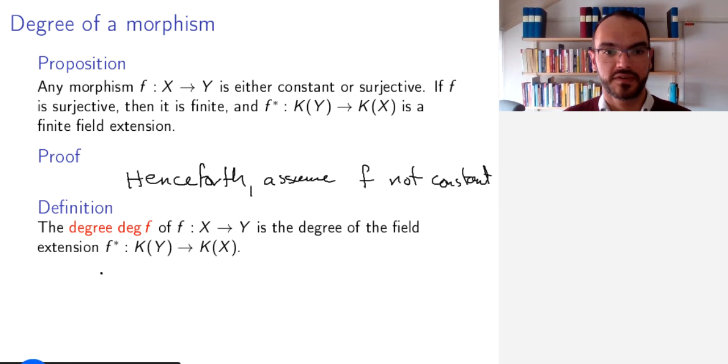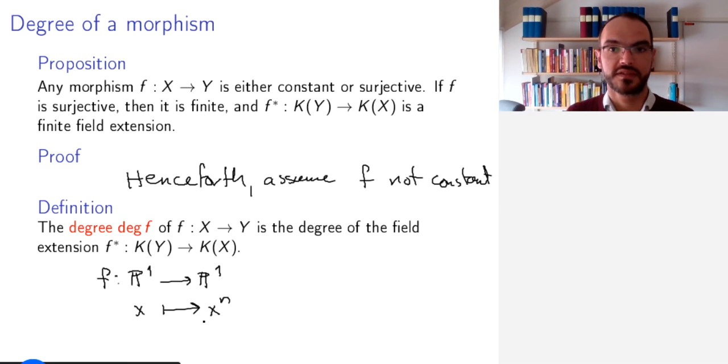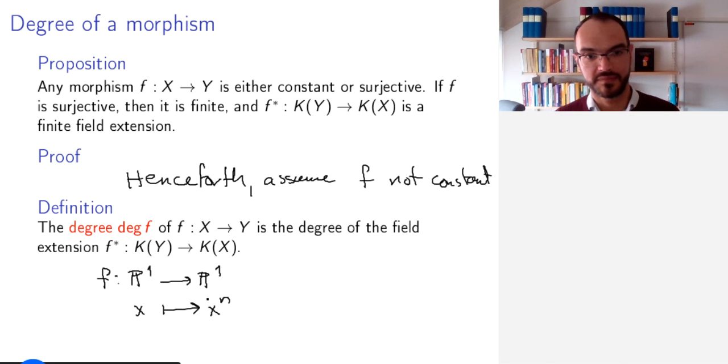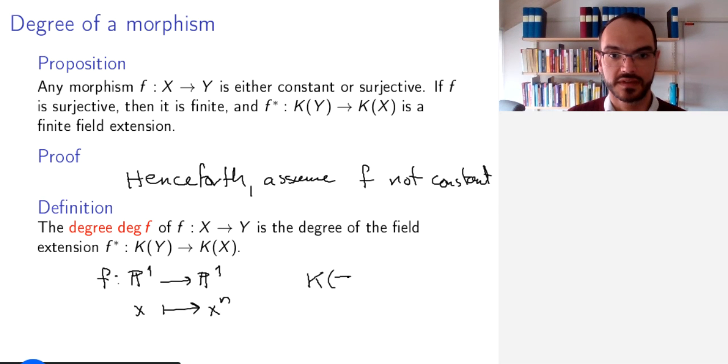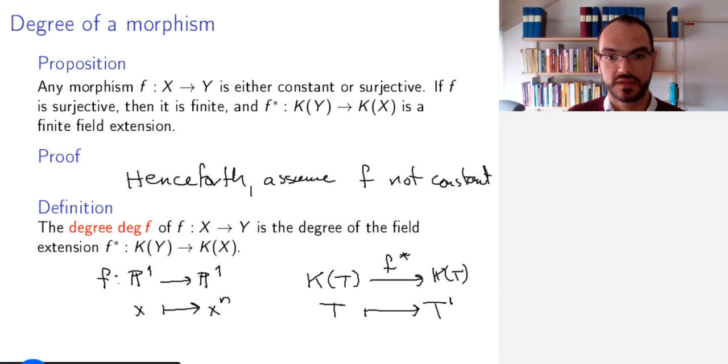So consider, for example, the map F from P1 to P1 that is defined by mapping x to x to the power n. So this means that it is induced by this map on affine patches. And since the function field of P1 is the rational function field in one variable, we get f star going in this direction, mapping t to t to the power n.